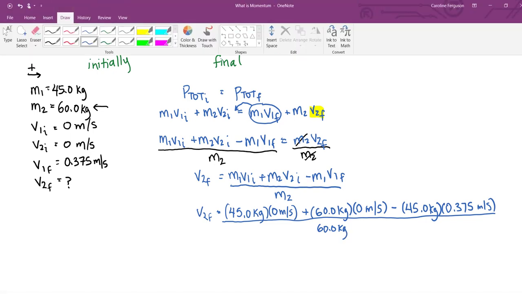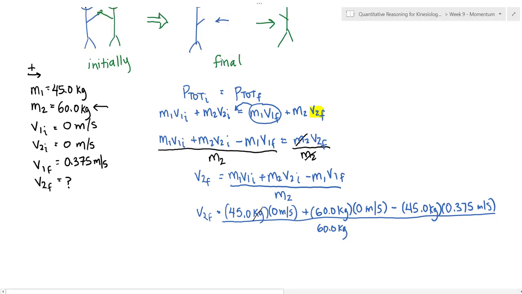All right, so again, if we're taking a look at the units, you'll see all the kilograms on the top will cancel out with the kilograms in the denominator. And now I can just type everything onto my calculator. V2 final is equal to 45 times 0, so that all cancels away, plus 60 times 0, which also becomes 0, minus 45 times 0.375, and then divided by 60.